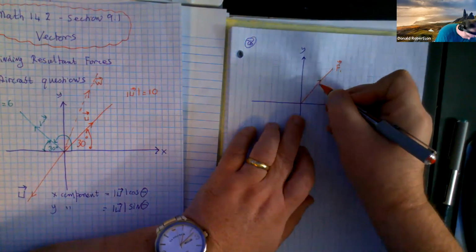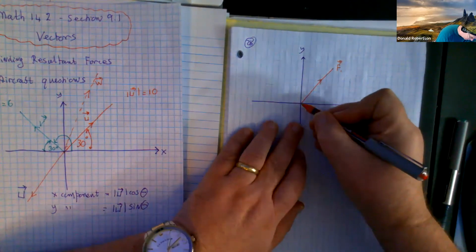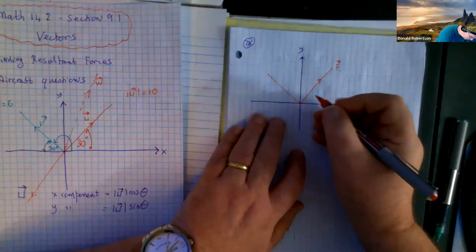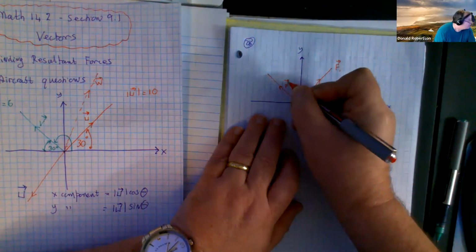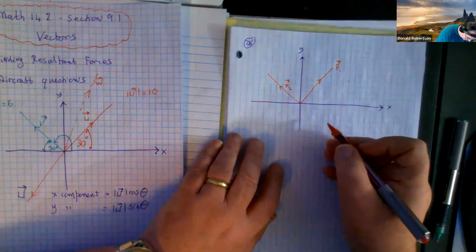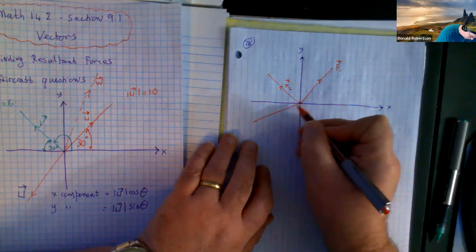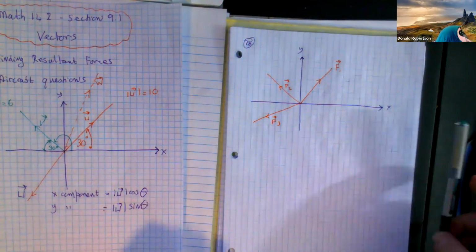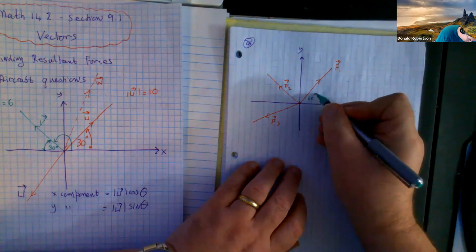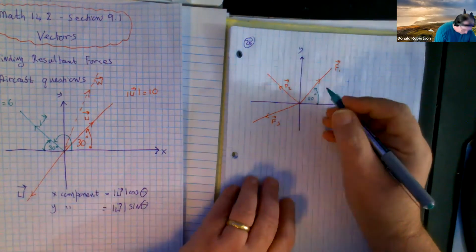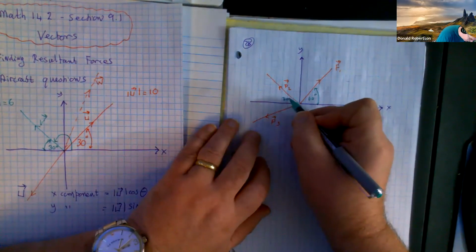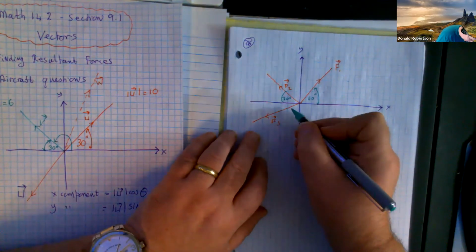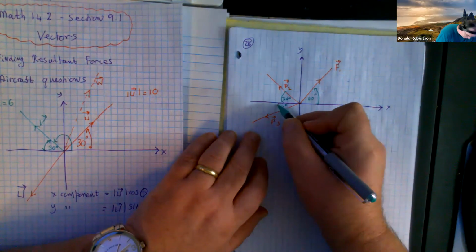I'm going to have a second force pulling over here, called vector F2. I'm going to have another force over here, called vector F3. In this picture, that angle is 60 degrees. This angle here is 30 degrees. And this angle here is 20 degrees.